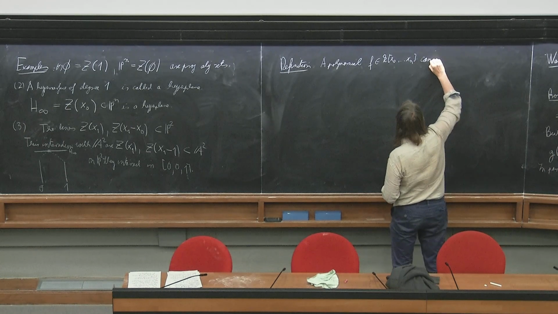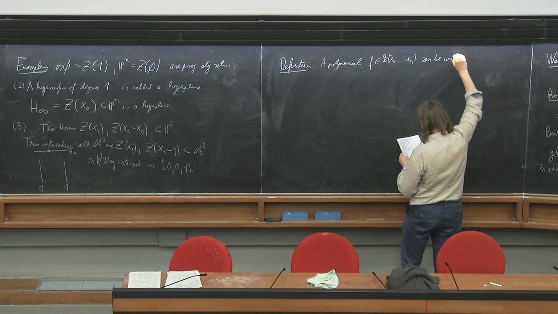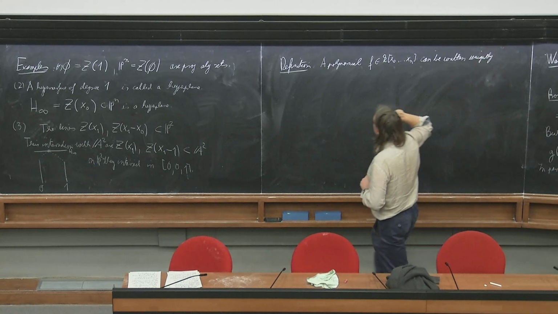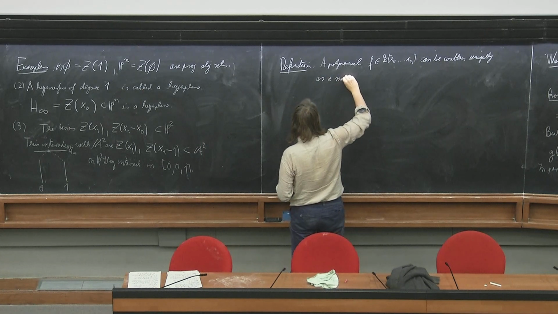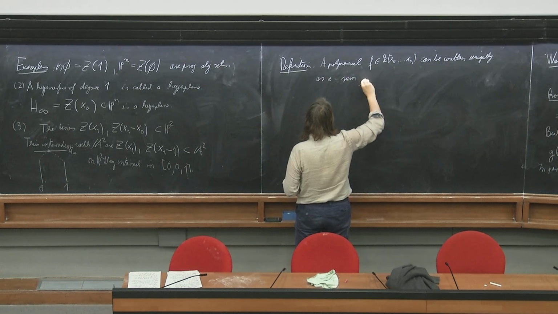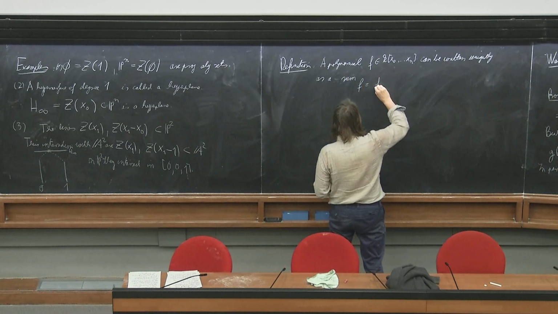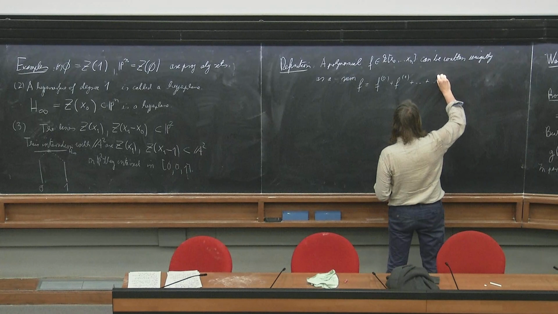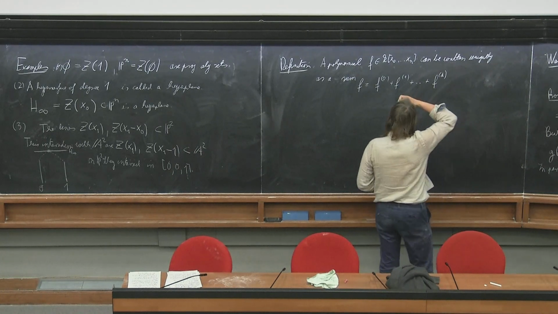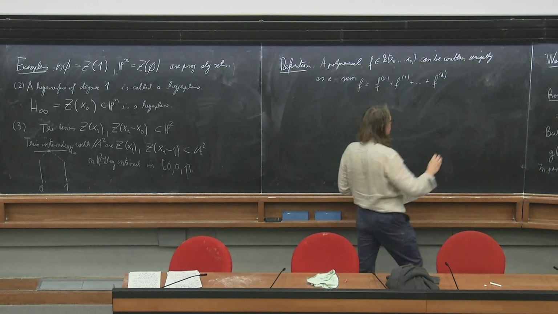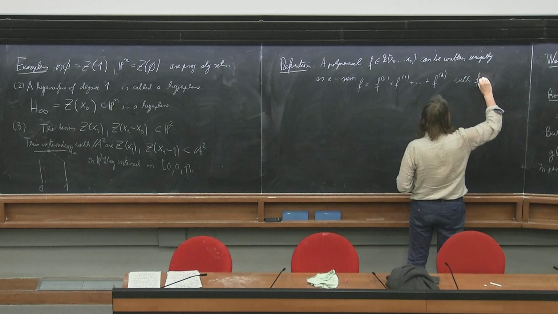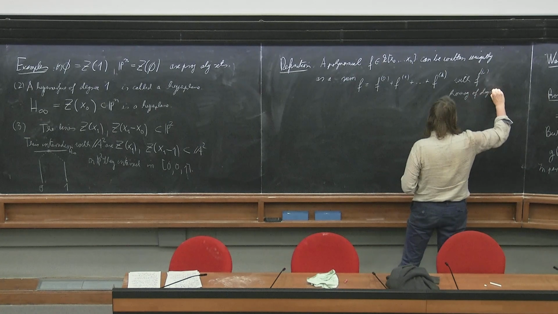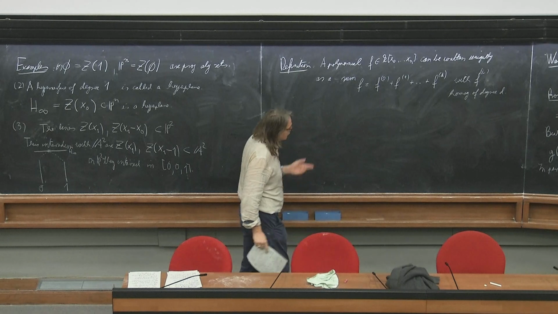So f is equal to, say, f0 plus f1 plus and so on, and it stops at some point, namely at the degree of the polynomial, where each fi is homogeneous of degree i.